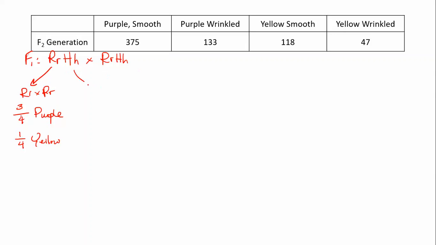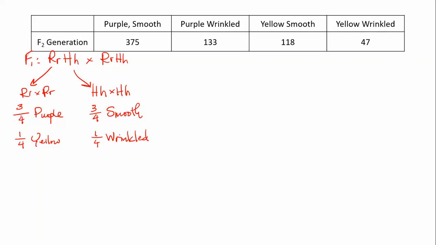Then we're going to do this also for the second trait. Same thing, 3/4 of these are going to be smooth, because that's the dominant trait, and 1/4 of these are going to be wrinkled, because that's the recessive trait.